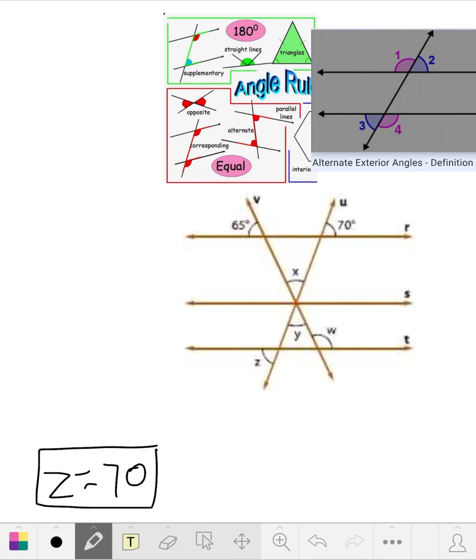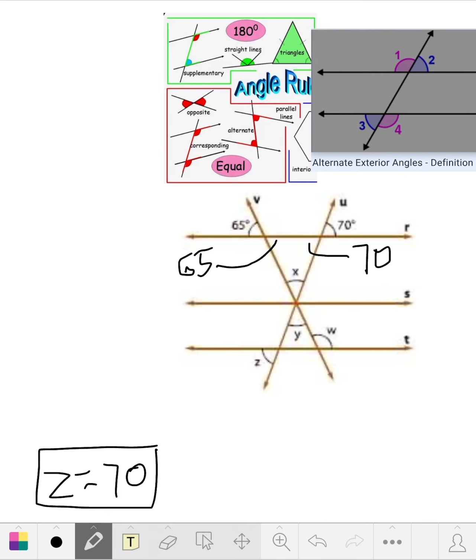Now, if we have the 65 degrees, we know on the opposites, the inside of this is going to be 65. So that's going to be 65 in there. And on the 70, we know the opposite of that, it's going to be 70 degrees in there.